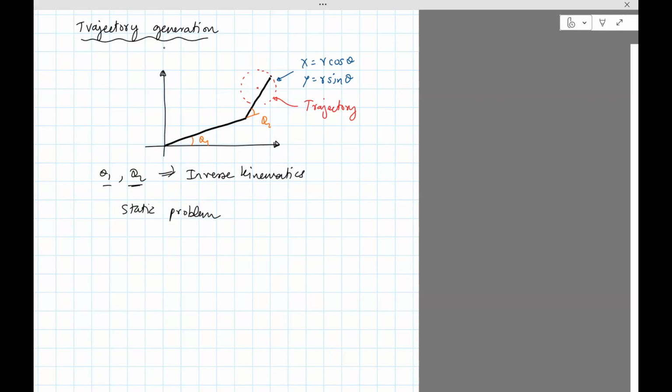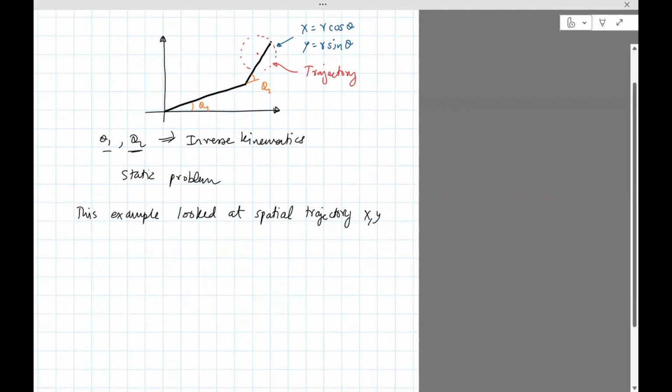So this example looked at the spatial component or spatial trajectory, which is just the x and y, but it ignored the temporal trajectory.